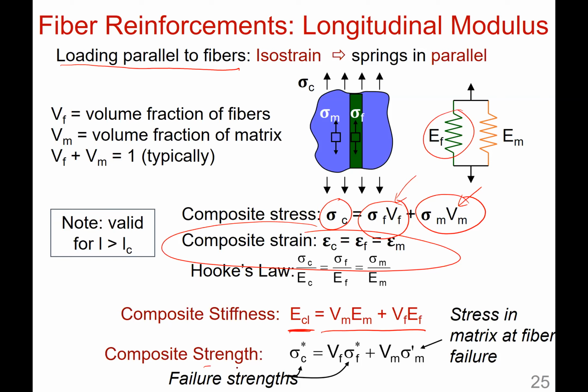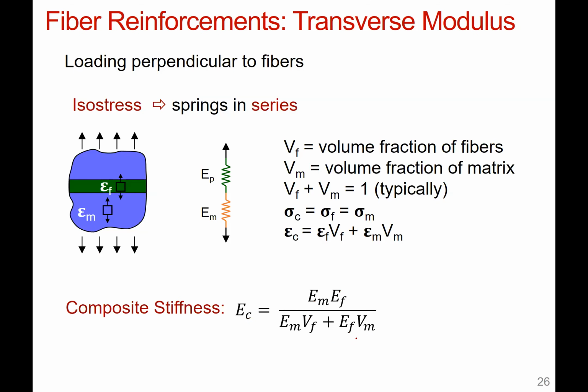The composite strength is the same thing: the failure strength of the fiber times the volume fraction, plus the stress of the matrix at fiber failure times the volume fraction of your matrix in your composite. So what do all these terms mean? That would have been the previous slide, but I'm just brushing through it to answer your question directly in a timely manner.